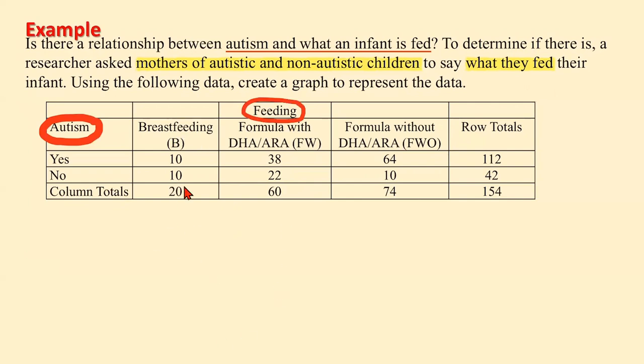So you can see here, the first thing under feeding is breastfeeding, denoted by B, formula with DHA or ARA, so FW, and then formula without DHA or ARA, that is formula without, FWO, and they are given the total.